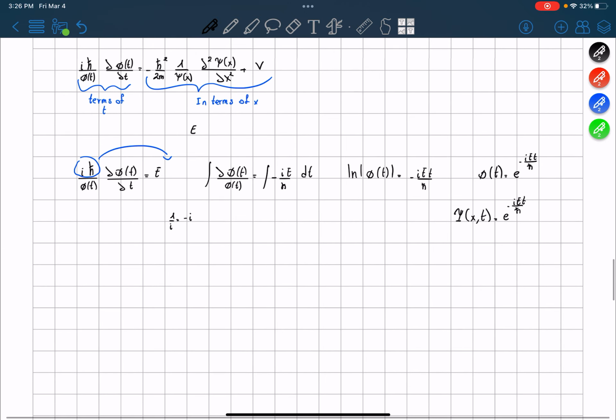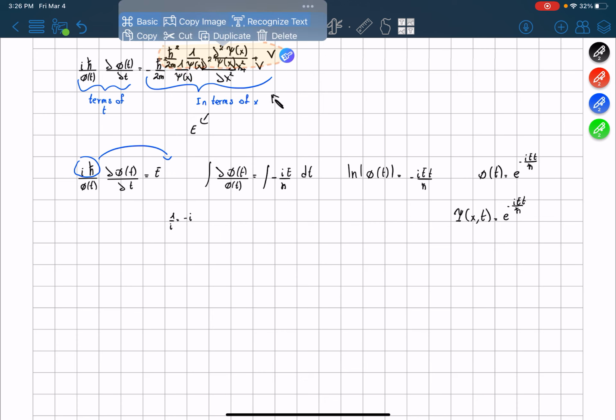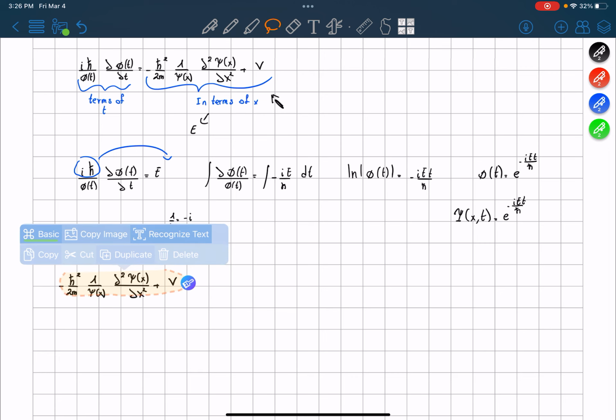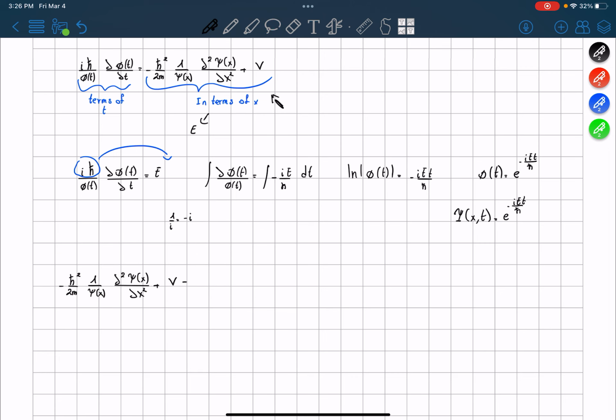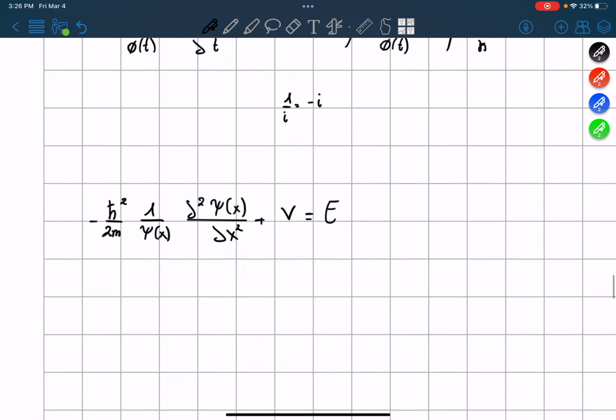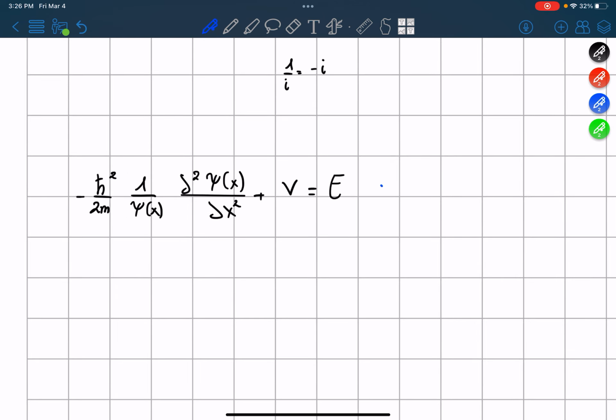Now, however, the right side, that we haven't set equal to anything, has to be solved as well. And we just said that the right side is the same thing as E. So we can say that the right side is equal to E. So let's multiply both sides by capital psi.